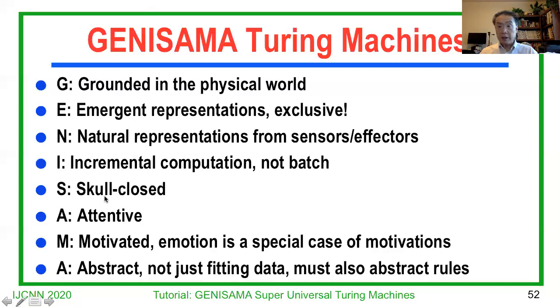Then scope must be closed. Everything must be automatic. Otherwise, you have an open scope issue, then it's flawed. And it has to be attentive. You must pay attention to the parts in a cluttered environment. You must use motivation, otherwise you have a complete object, but it does not have a value and does nothing. How about doing nothing?